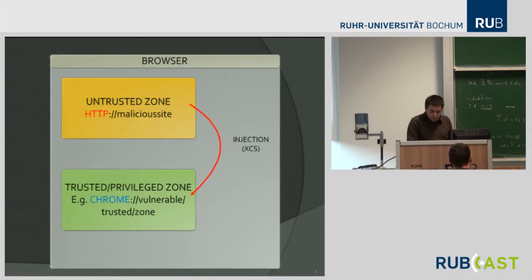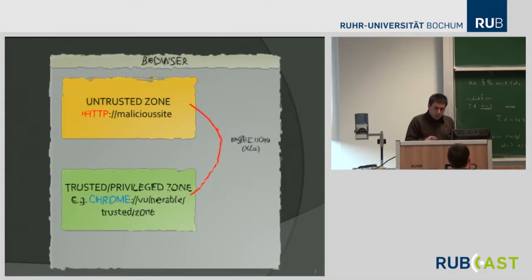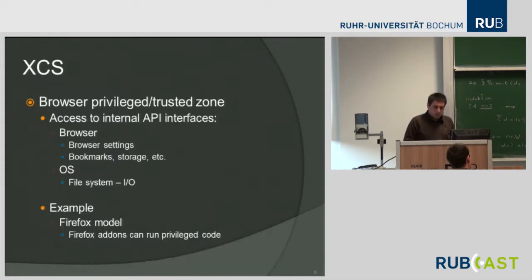And this is another important part, because when I say trusted zone or privileged zone, what do I really mean? It's that zone where the browser can do things which normally a web page can't do. For instance, if you're changing the configuration of your browser, like changing settings, I don't know, the proxy, you are in a zone where you can actually change the configuration.